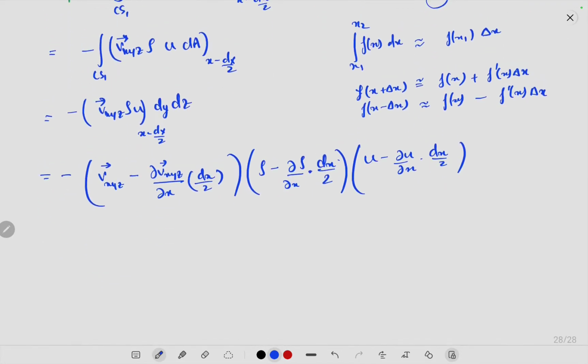Okay, so let's do the multiplication. The minus sign will be outside, so let's first multiply these terms. Let this be outside.